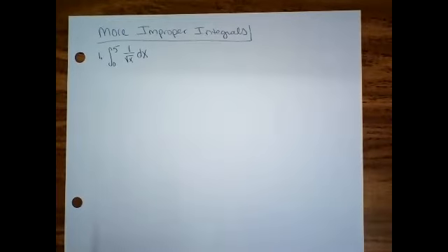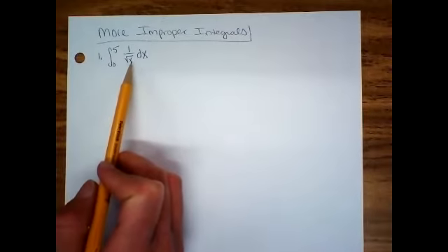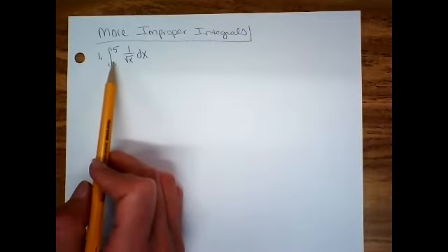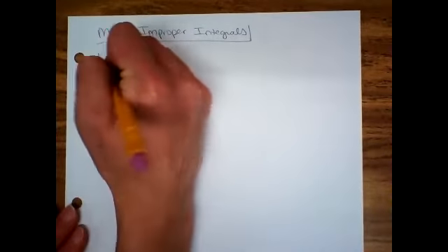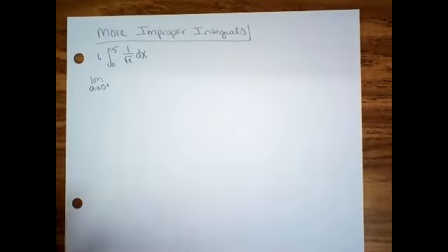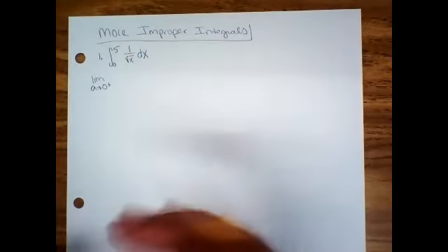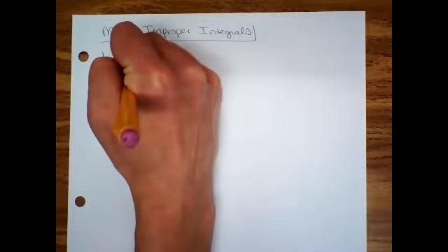So where is the vertical asymptote for this graph? Good. 0 is where you would have the 0 denominator. So that's why this is an improper integral, because you have a vertical asymptote at 0, and 0 is one of the boundaries. I'm going to use A since it's the lower boundary, and we're going to approach 0 from the right. Because if you're going from 0 to 5, you would have to approach 0 from the positive side. So limit as A goes to 0 from the right, integral from A to 5.